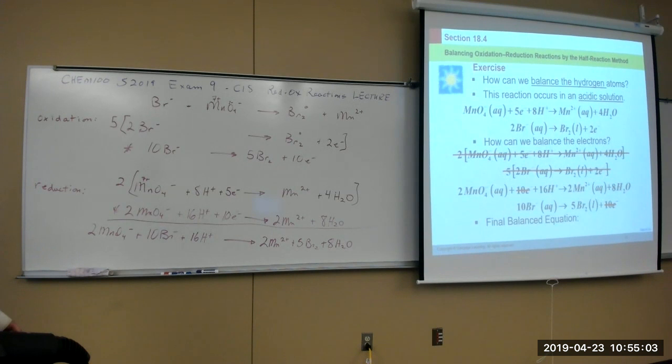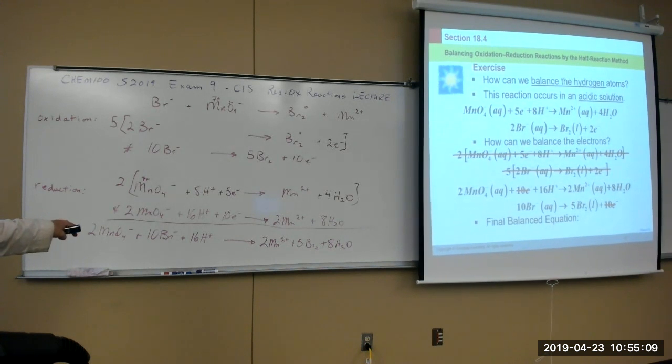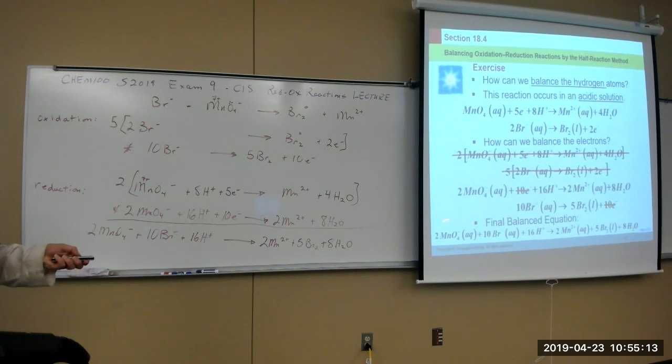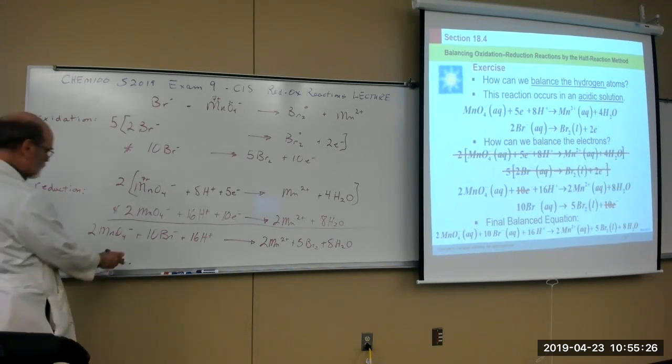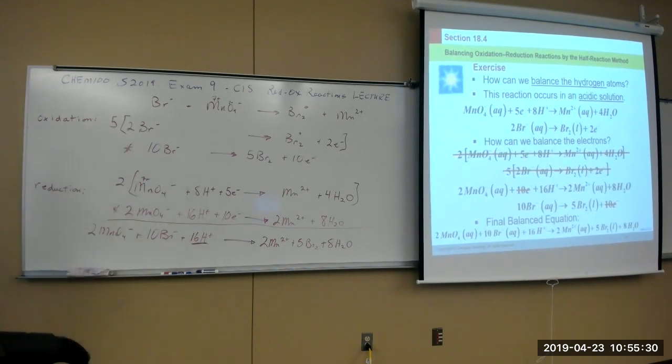There we go, cancel the electrons. 16 hydrogens. Oh, we have to add them together, sorry. There we go. 2 permanganates, 10 bromides, 16 hydrogens, 2, 5, and 8. So we're good there. So this is our balanced equation in acidic solution. Okay?